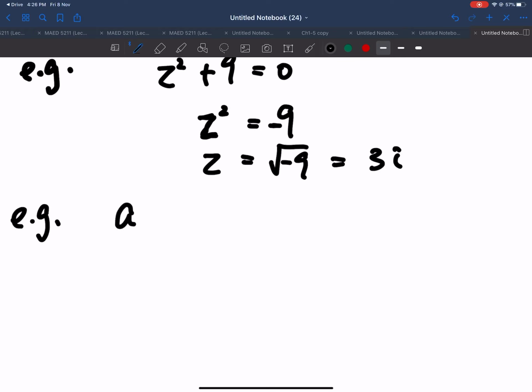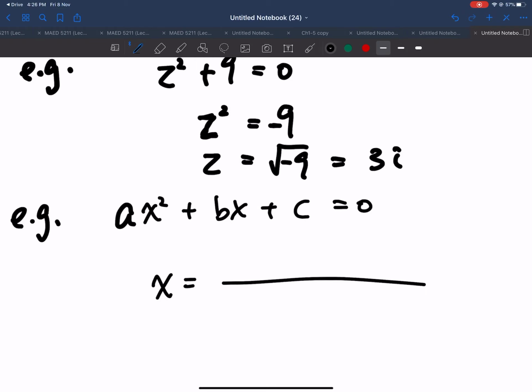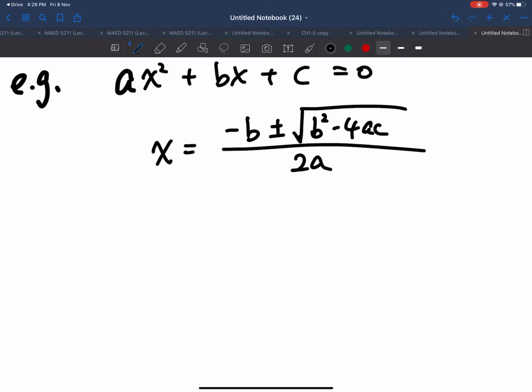Another example is about the quadratic formula. I hope you can remember the quadratic formula. What have you been told about if the discriminant is smaller than 0? No real roots.